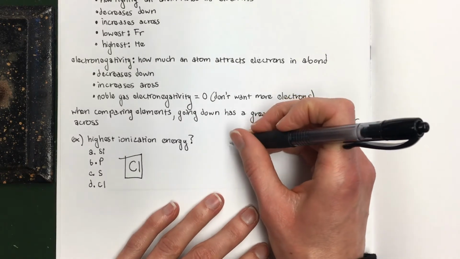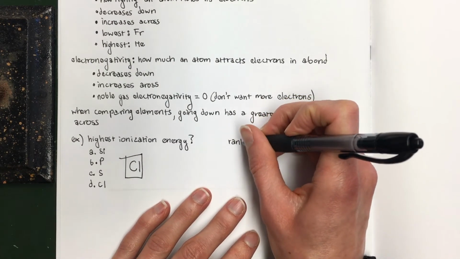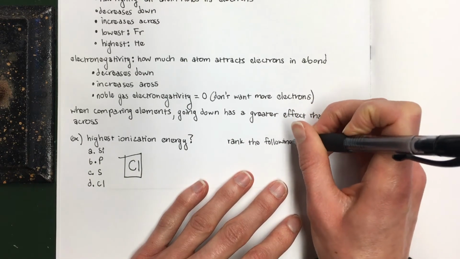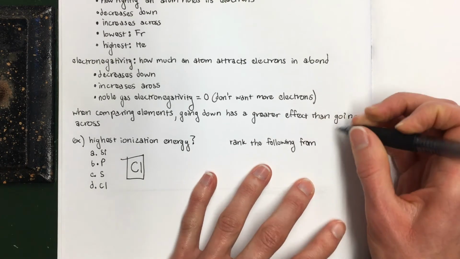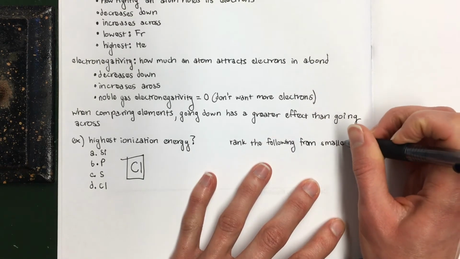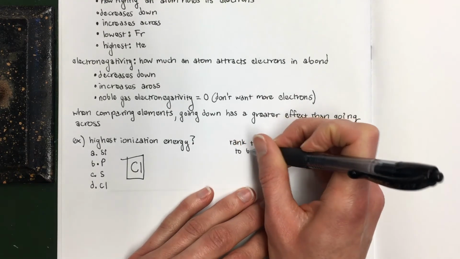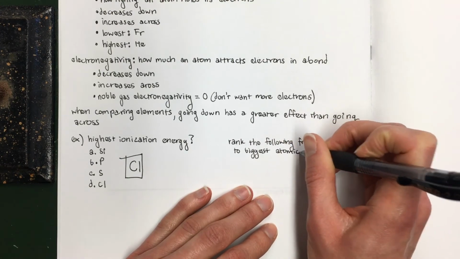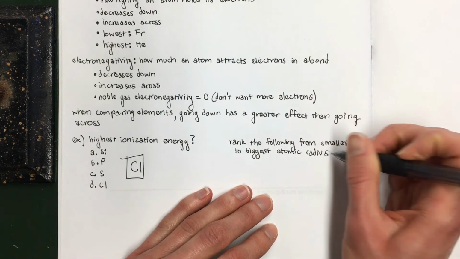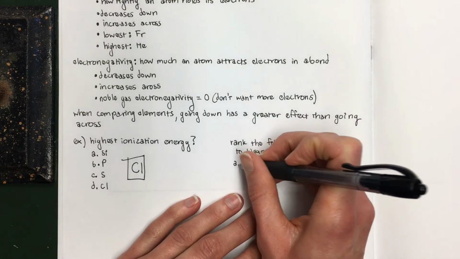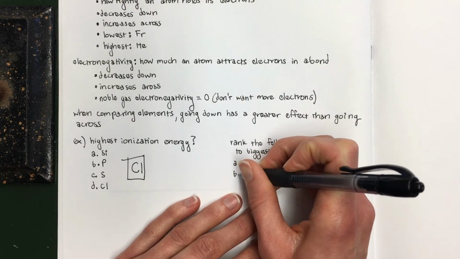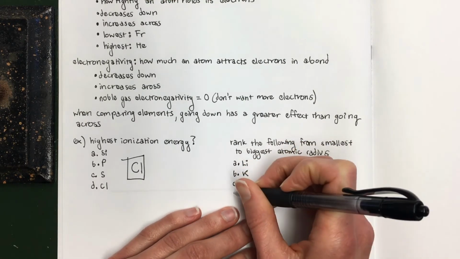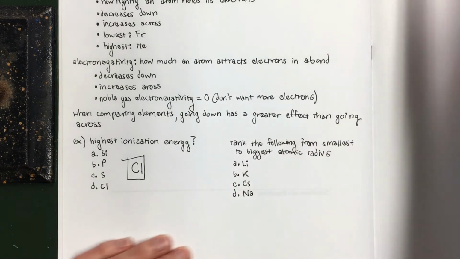Okay, another example, we want to rank the following from smallest to biggest atomic radius. Okay, and we've got lithium, potassium, cesium, and sodium.